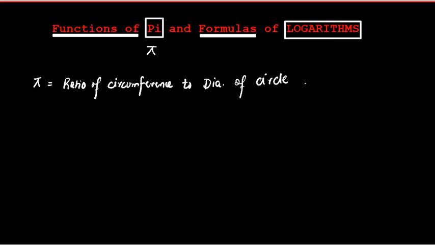So which is actually equal to 22 by 7, and that is equal to 3.14159. This is the value of pi, right? And pi square is equal to 9.8695. You need to remember these values.